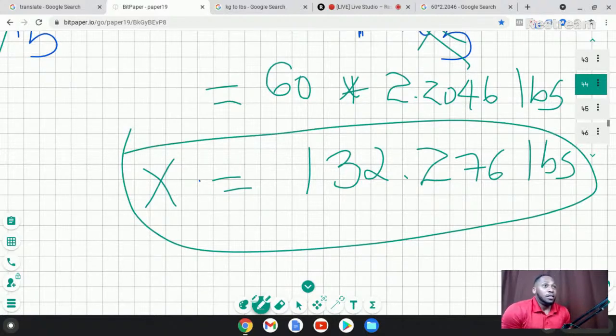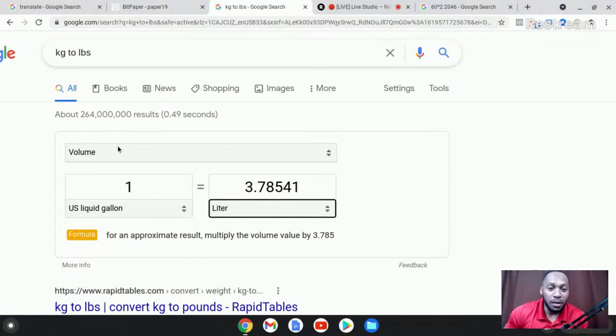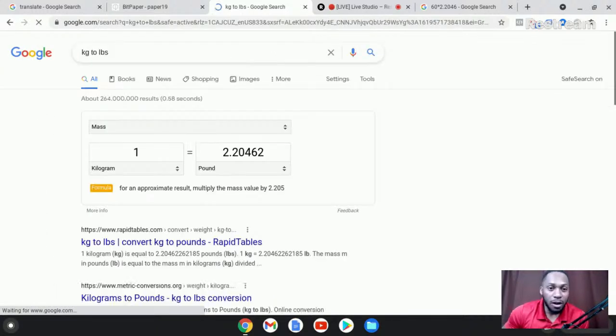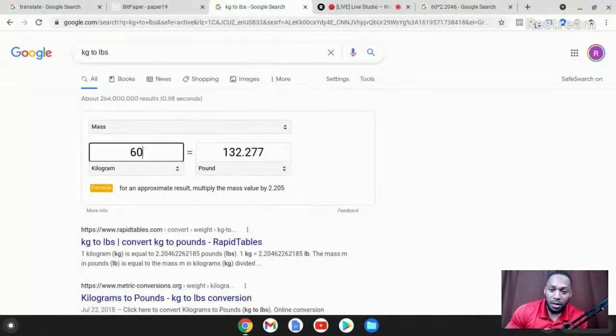Now, there are two things. The first thing I want to know is, okay, can I verify this? All I have to do is go to Google's calculator and use the unit converter, kilograms into pounds. So I have 60 kilograms, and I want to convert that into pounds.